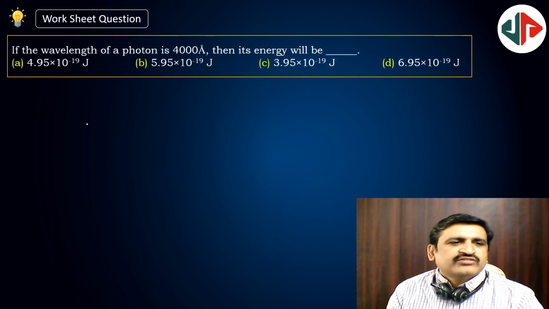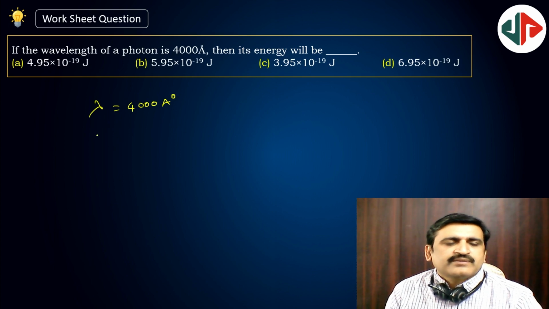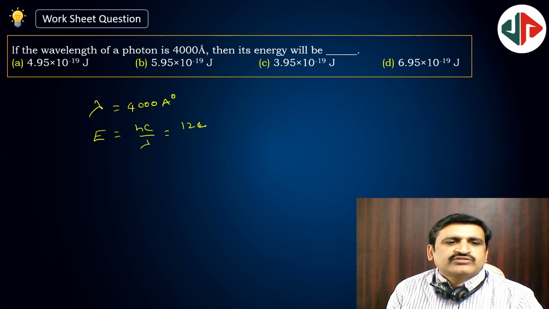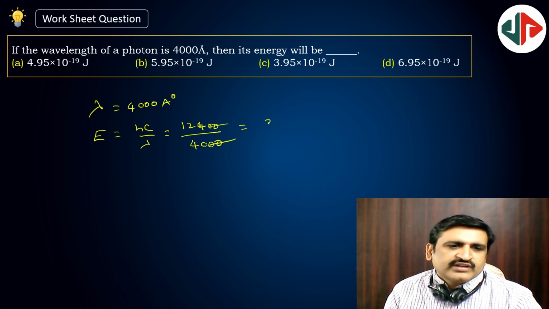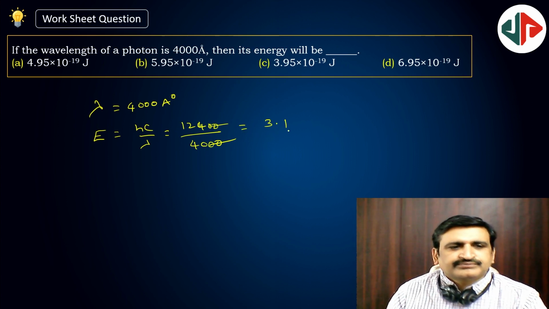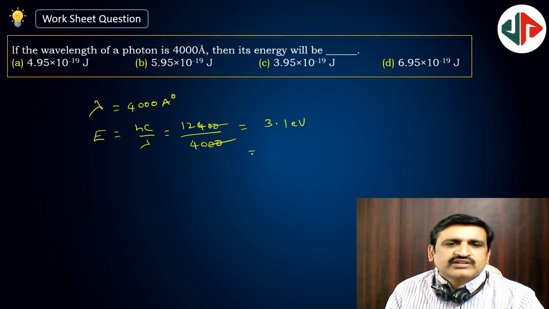If the wavelength of photon lambda is equal to 4000 angstroms, then energy E is equal to hc by lambda, 12,400 by 4000. Two zeros will go, and it is 3 times and 4 will be 1, 3.1. 3.1 electron volt, that is equal to 3.1 into 1.6 into 10 to the power of minus 19.